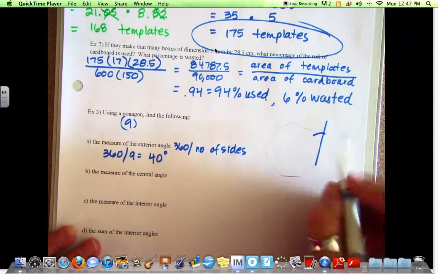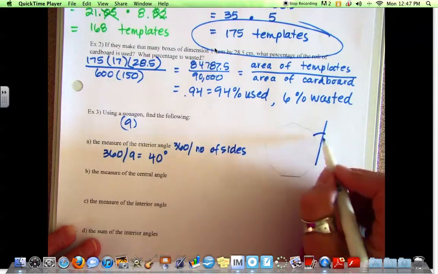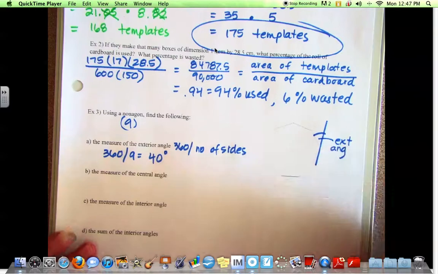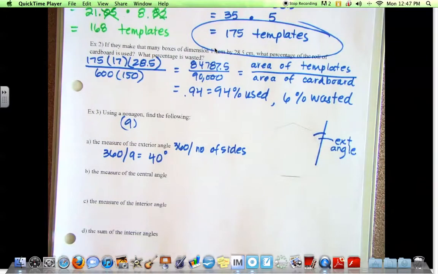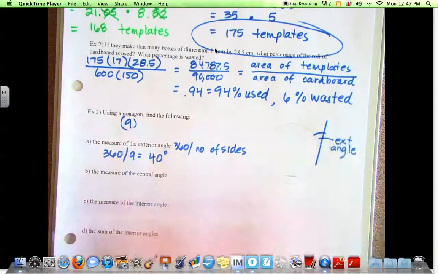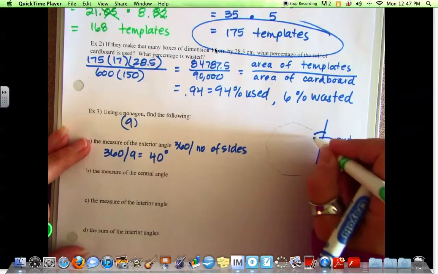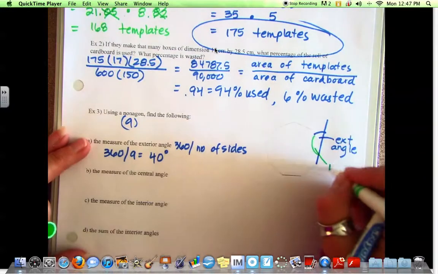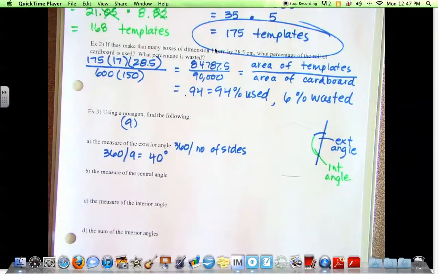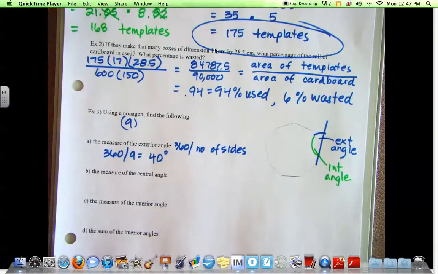When we extend the line to where we meet the shape, that's our exterior angle. The exterior angle and the interior angle form how many degrees? 180. It's half of a circle.